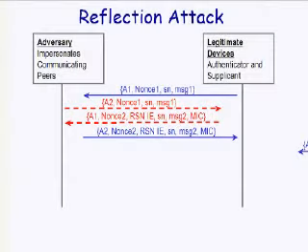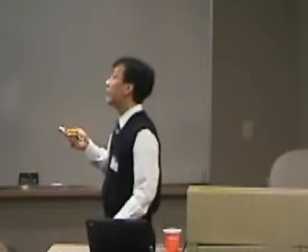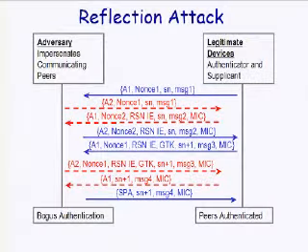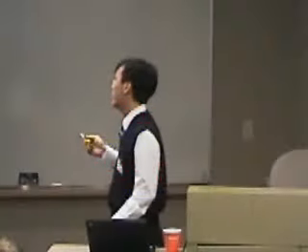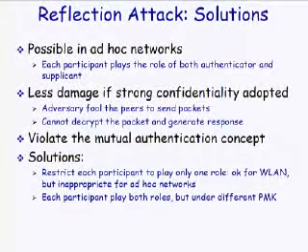Then the legitimate device will generate this message, then go on. During that time, the adversary doesn't need to generate anything, so it doesn't need to break into the system. It just reflects the message. Afterwards, the legitimate device will think it communicates to some peer which is authenticated, but actually there is nobody there.